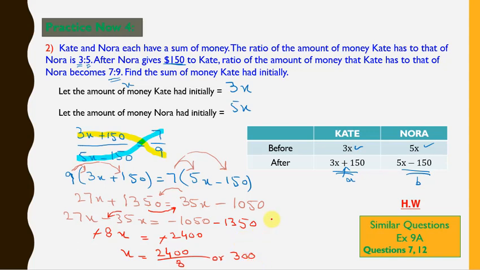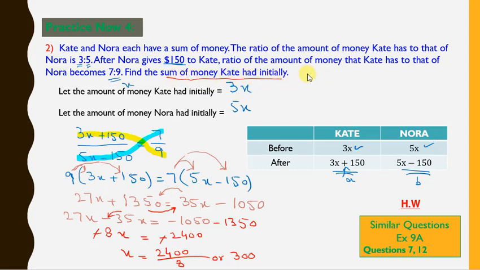Fine. Now what we have to find is the sum of money Kate had initially. What is the sum of money Kate had initially? As you know, the amount of money Kate had initially is 3x.